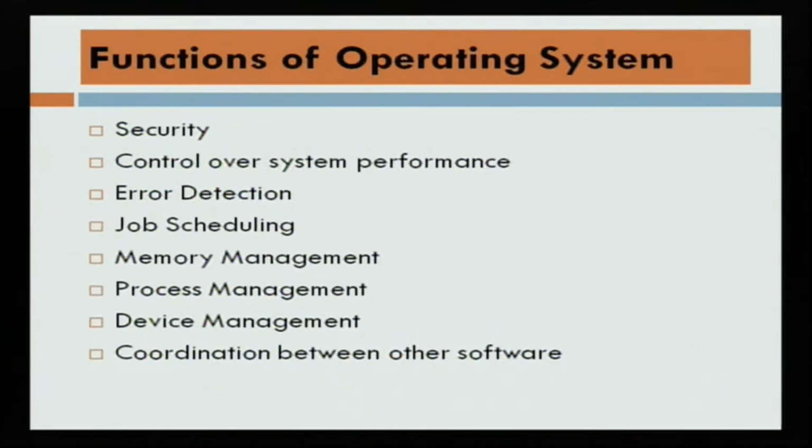Coming to the next slide, now we will discuss various functions of the operating system. Operating system works on security management. It has control over system performance. It detects errors. It works on job scheduling.